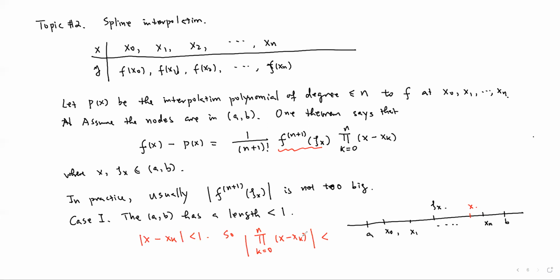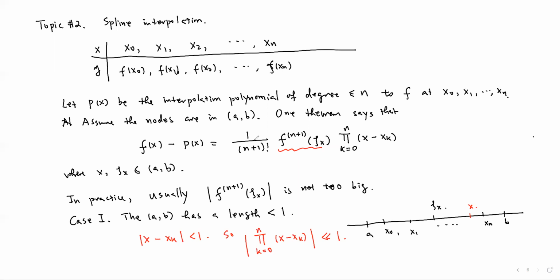When n is large, much less than 1. So in the case when the interval is small, the length less than 1, the approximation of polynomial P to the function f is very good, because this error term is very small.